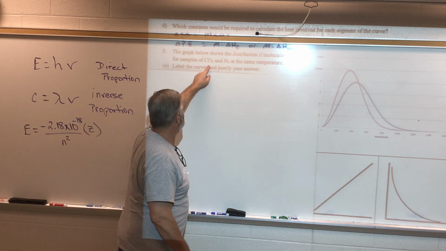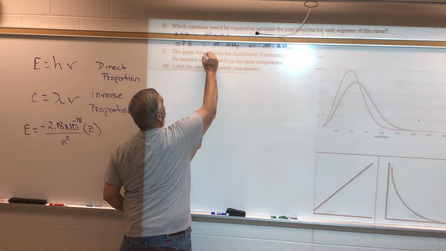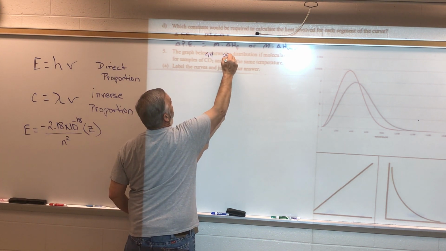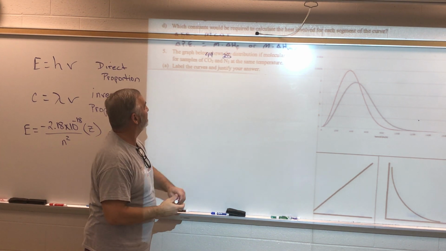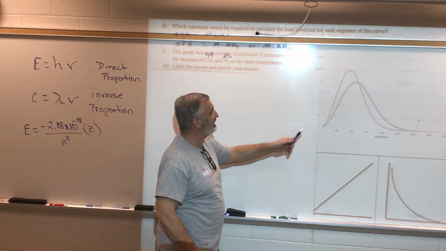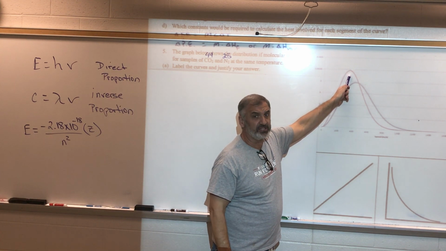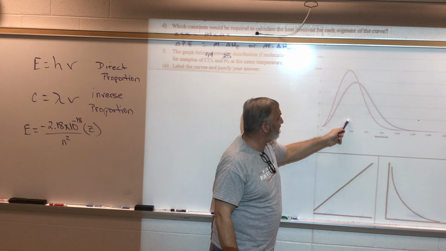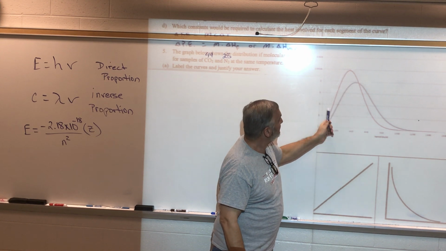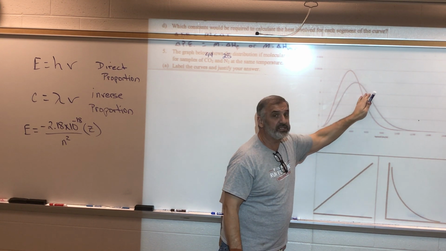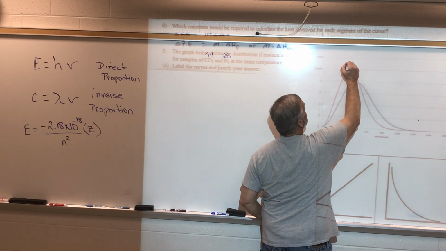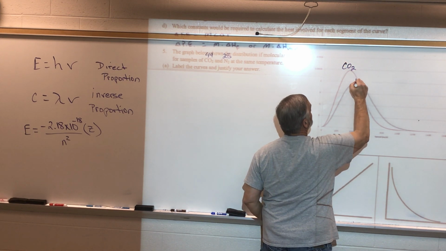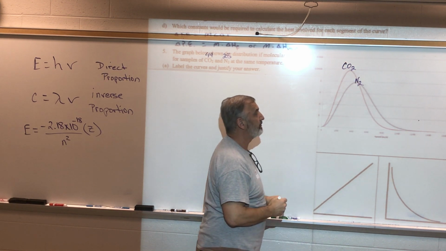So CO2 is 44 versus nitrogen 28. So obviously the nitrogen is going to be going faster. Now again, the height doesn't mean faster. The height means how many molecules have this much speed. It's how far to the right is the peak. So the slow one is the CO2, the faster one is the N2.